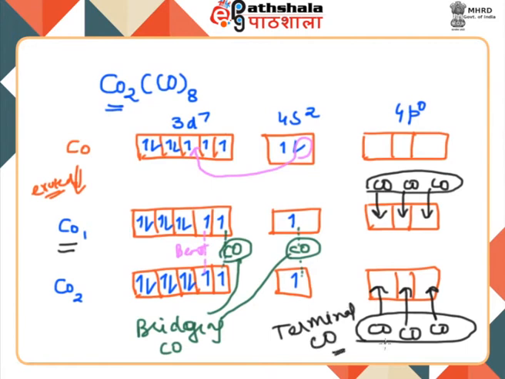Another thing to notice is that because of the 2 d orbitals, 1 s and 3 p orbitals, there is d2sp3 hybridization involved in the formation of dicobalt octacarbonyl.